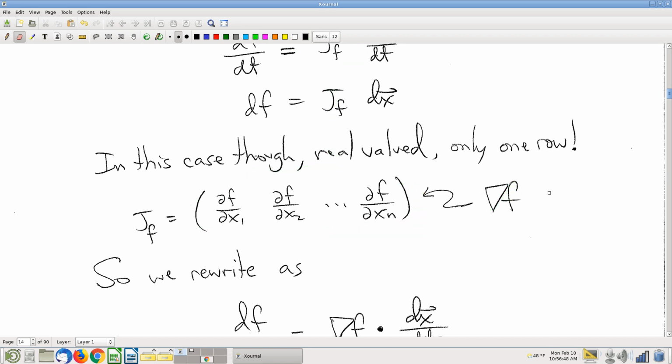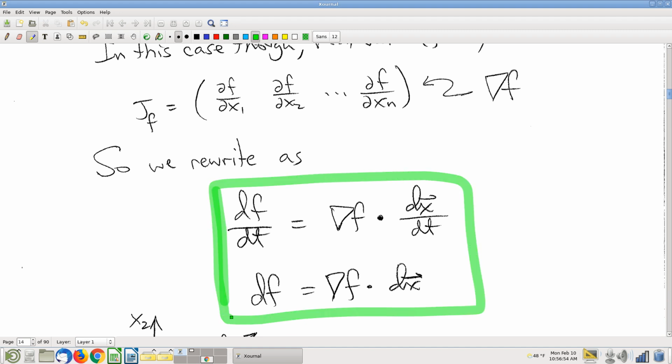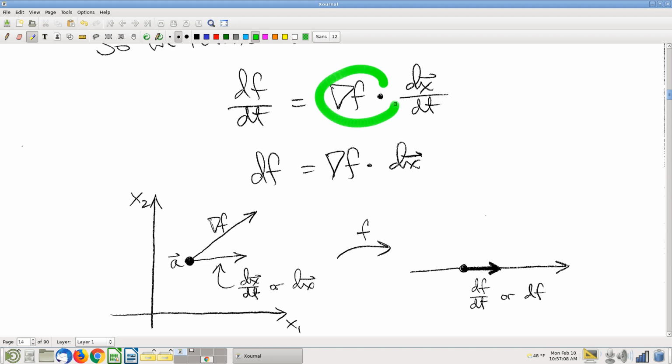So from an algebraic, computational standpoint, here's what the chain rule turns into, in a real valued sense. Real valued function. Okay. So neat fact, dot product with the gradient has this lovely feature that it turns input changes into output changes.